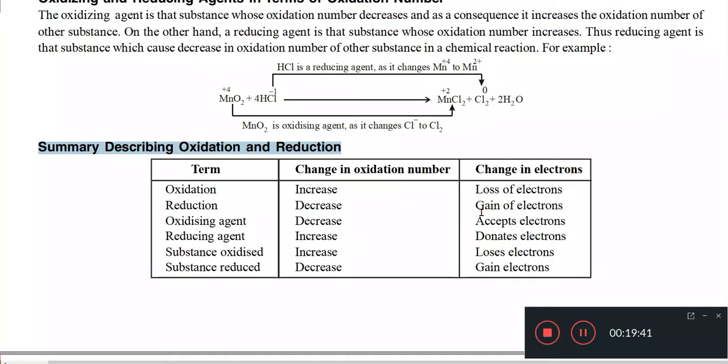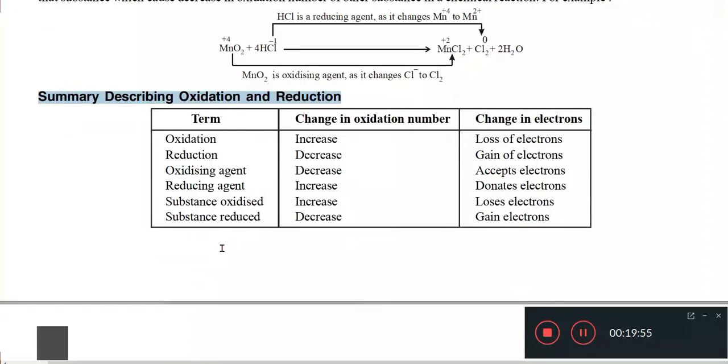Reducing agent is similar to oxidation. Whatever happens in oxidation is similar for the reducing agent, and these two are also the same like the others. I hope you understood the definition of oxidation and reduction in terms of oxidation number.